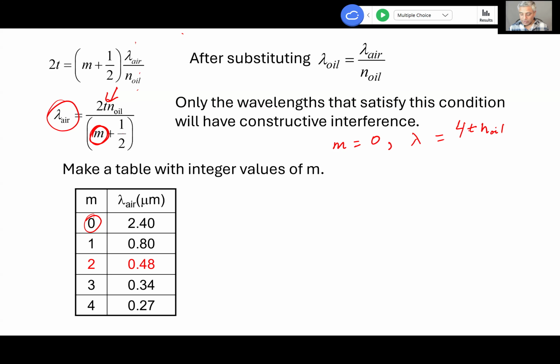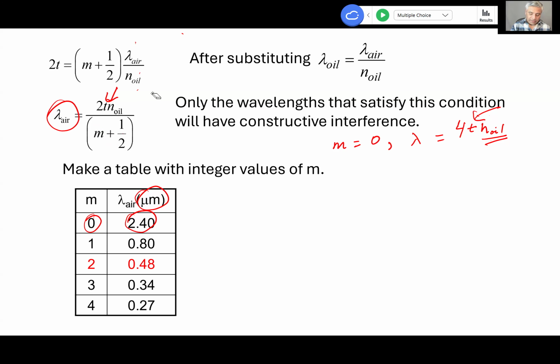When you plug in this thickness, I'm just leaving it in micrometers because the thickness is given in micrometers in this problem, along with the refractive index of the oil. When we do that, we get this number.